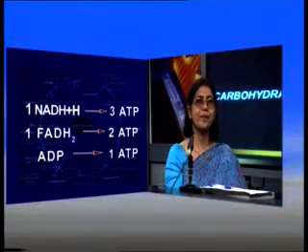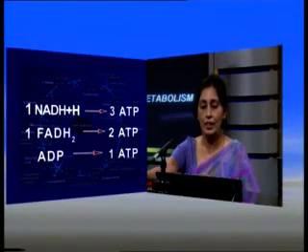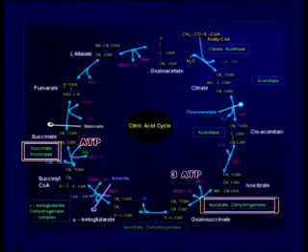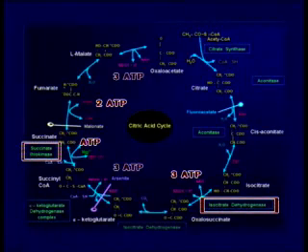So if you look at the cycle, you will see that at succinate thiokinase, 1 ATP is being produced here. So plus 1. In isocitrate dehydrogenase, 3 ATPs are being produced. So plus 3. So 3 plus 1, 4. FAD to FADH2, plus 2. And NAD to NADH plus H, plus 3.